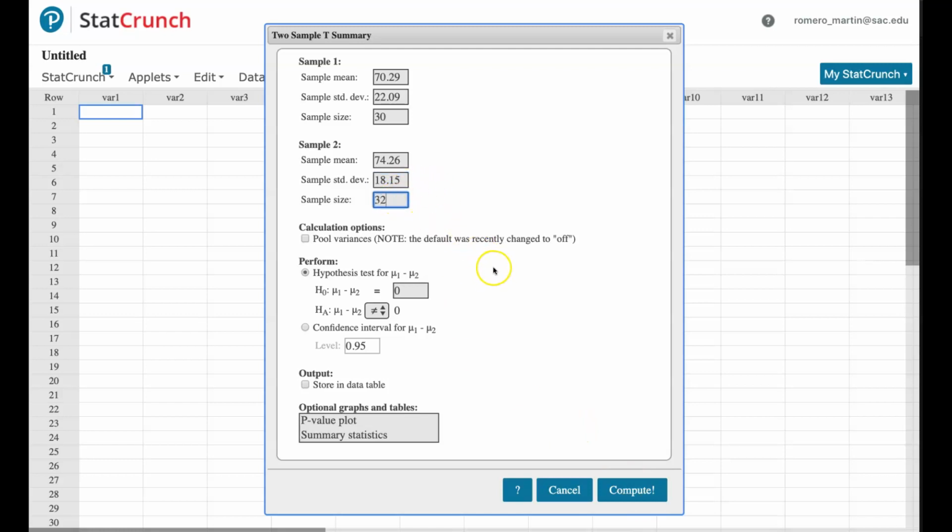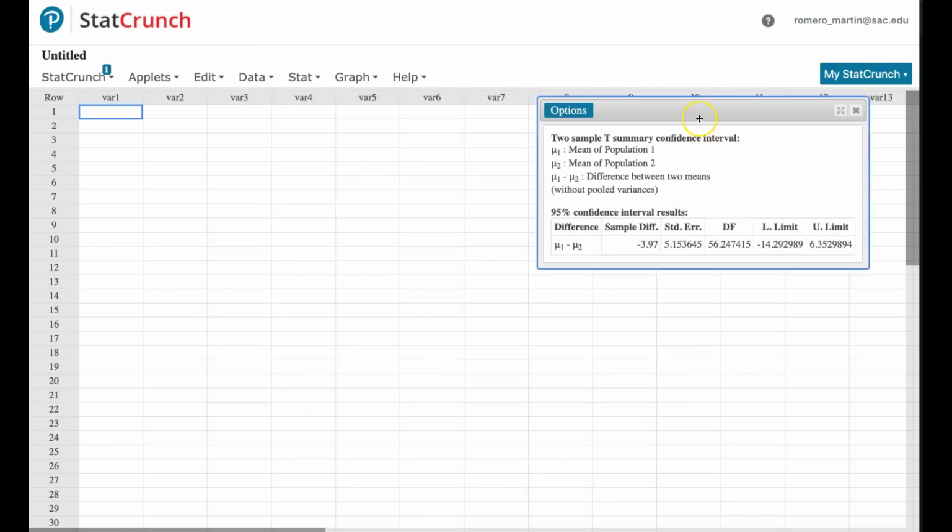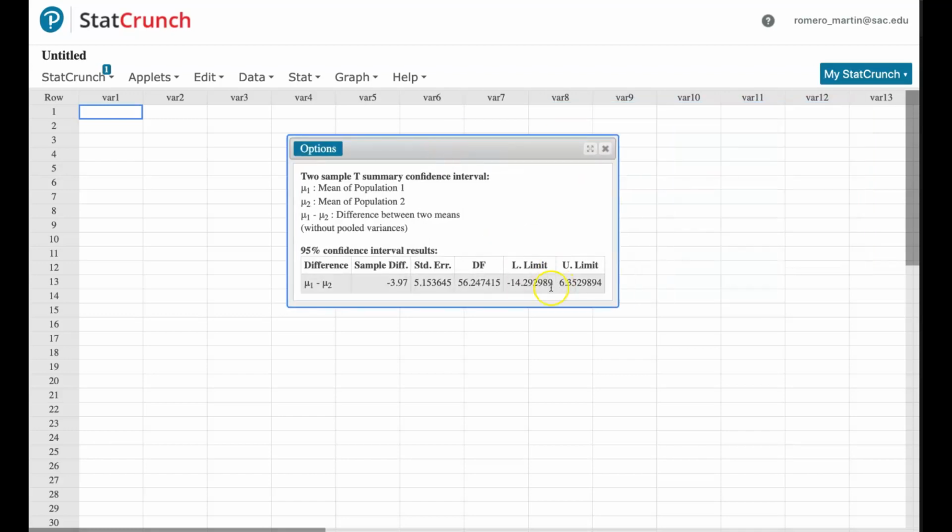We leave everything else the same, click confidence interval, and then compute. You'll see the answer right there, -14.29 to 6.35. That's your 95% confidence interval.